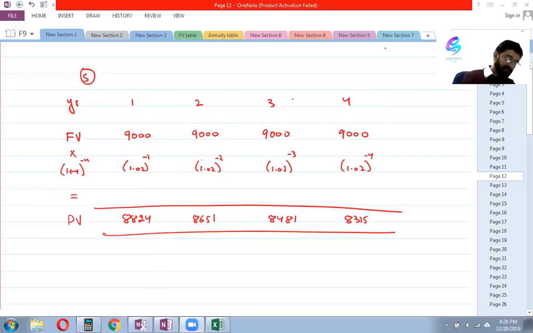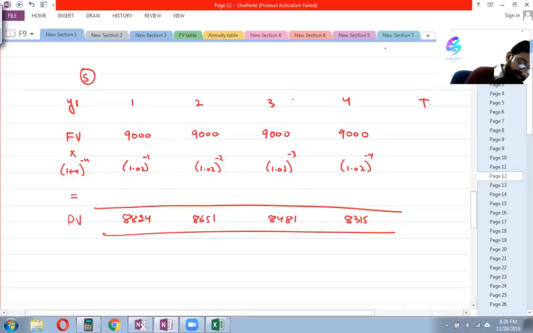If you have 9,000 after 2 years, the current value, today's term, the value will be 8651. If you have 9,000 after 3 years, the current value will be this much. If you have 9,000 after 4 years, the current value will be this much. And can you see, all of them are 9,000, but the current value keeps on decreasing, right? With the time period, the current value of all of them are actually reducing.